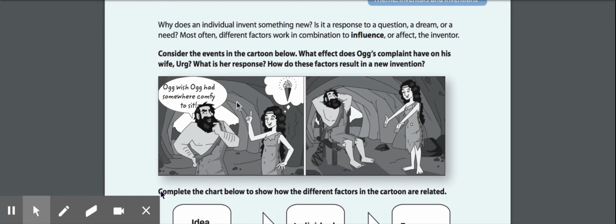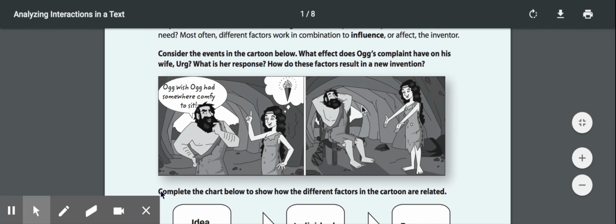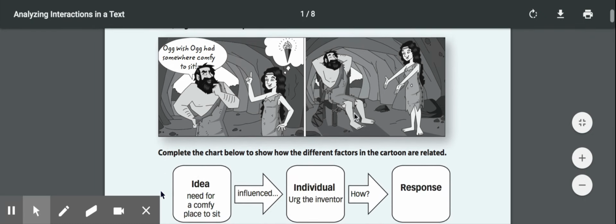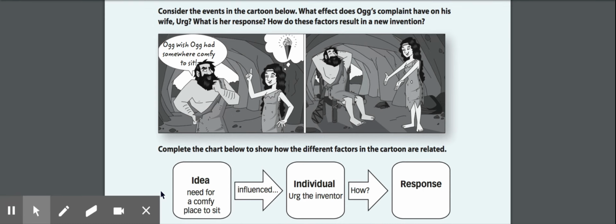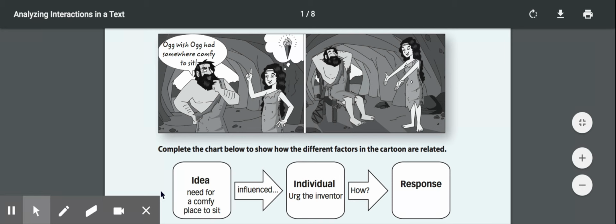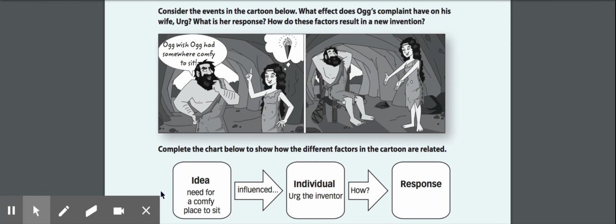The picture says, "I wish I had somewhere comfy to sit." The idea goes off in her head. Boom. So the idea was, I need somewhere comfy to sit, aka a need for a comfy place to sit.